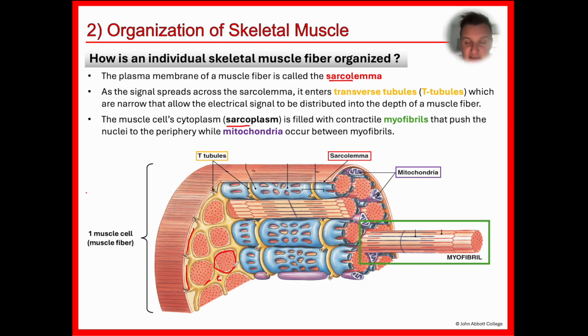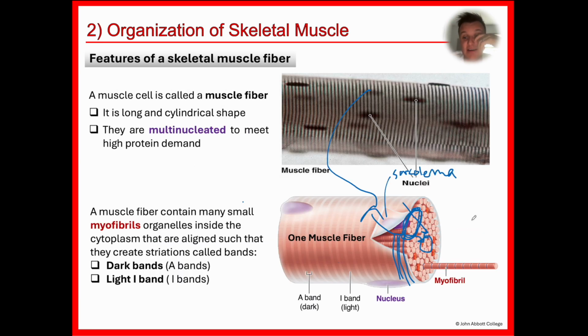All of this is cytoplasm of the muscle, so we call it sarcoplasm. And as I said, you don't see much of the sarcoplasm here because it's packed with contractile myofibrils. All of these myofibrils here, 1, 2, 3, 4, 5, 6, 7, 8, 9, they're packed in there. There's barely any space. This soup is full of noodles and not much broth, right?